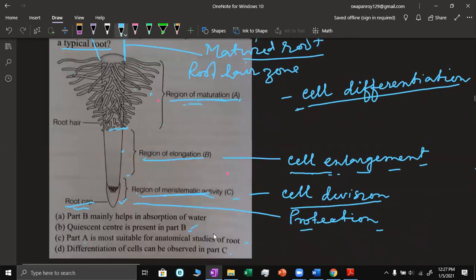But what is written here, part B mainly helps in absorption? No, part B does not help in absorption of water. It is the part A. Quiescent center is present in part B. This is also wrong. Why?